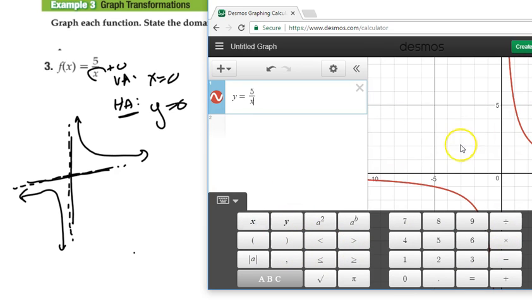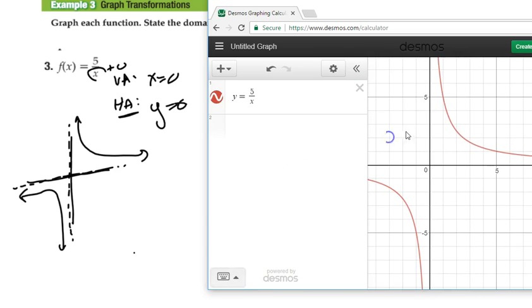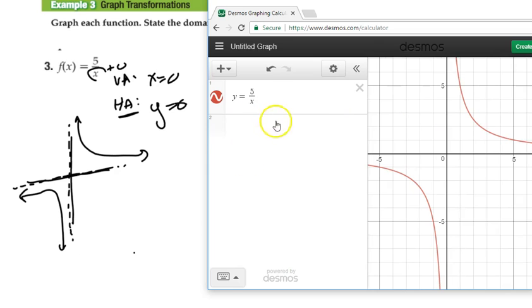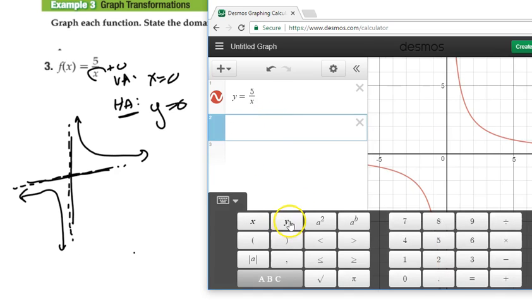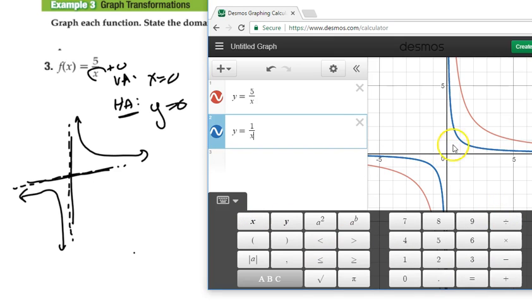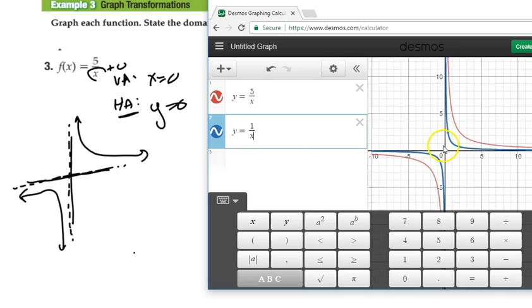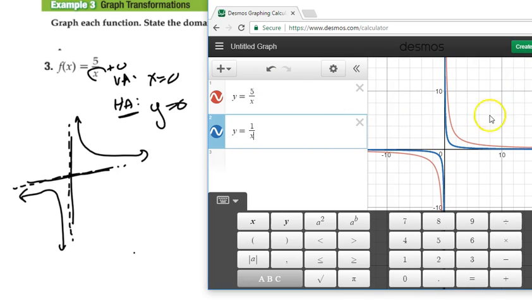So that's what 5 over x looks like. Let's compare that to y equals 1 over x. See, a lot closer in. It starts kind of a distance of 1. Now, 5 doesn't start a distance of 5 away, so you've got to watch it. But again, we're just doing a curve. That's the difference: the bigger the a, the further out you get from the center.